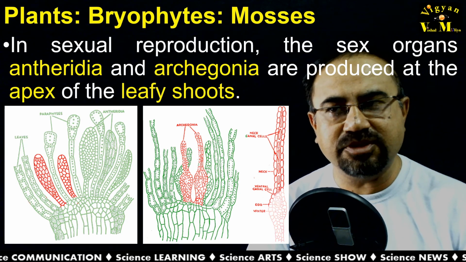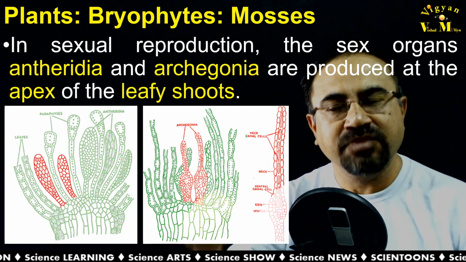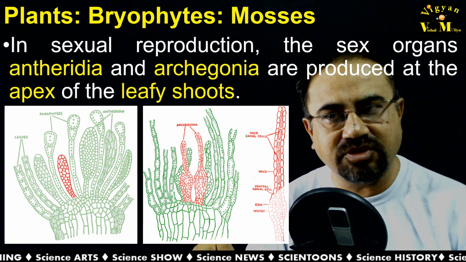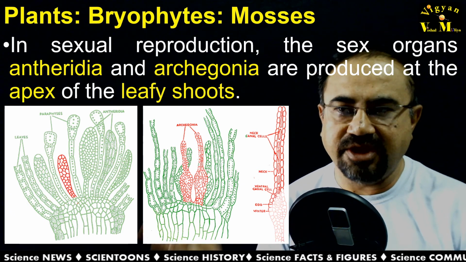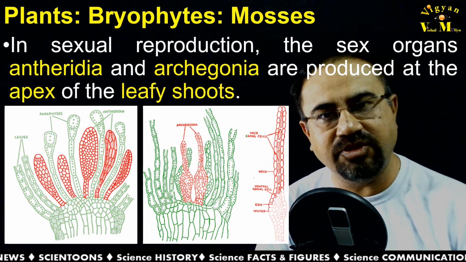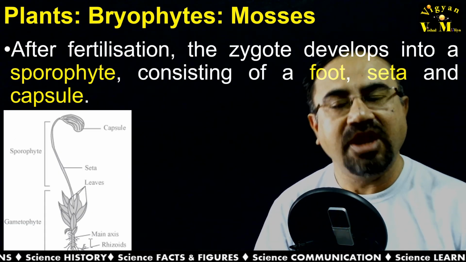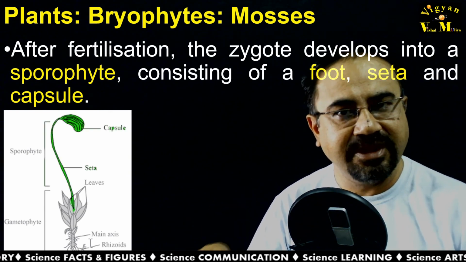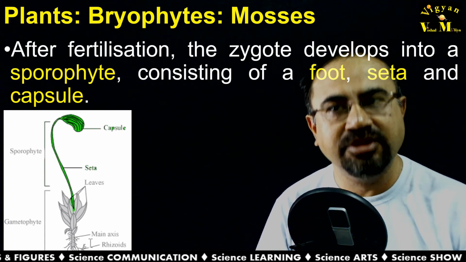The sexual reproduction occurs at the apex of the leafy shoot. The male sex organ is antheridia and the female sex organ is archegonia, and one can see here they are produced on the top, or apex part, of the leafy shoot. After fertilization, the zygote develops into the sporophyte, and that sporophyte contains foot, seta and capsule.